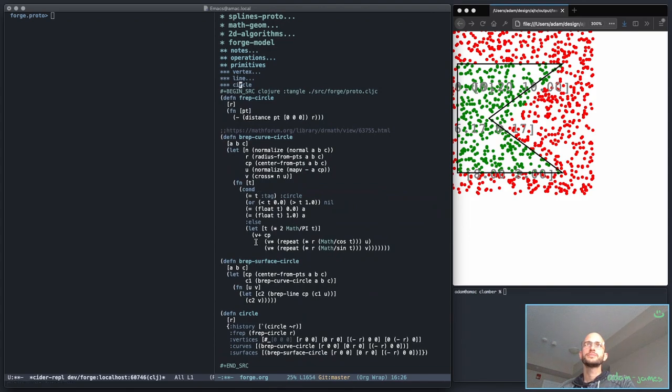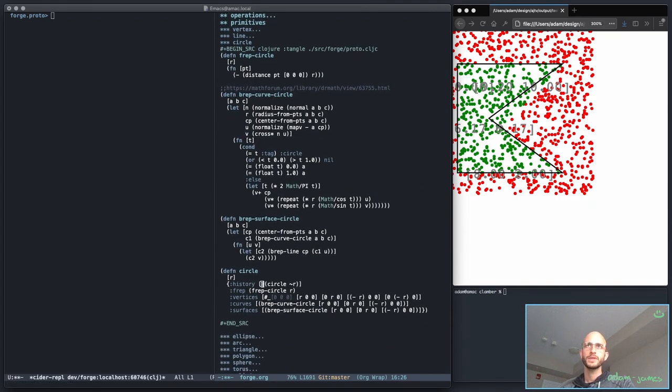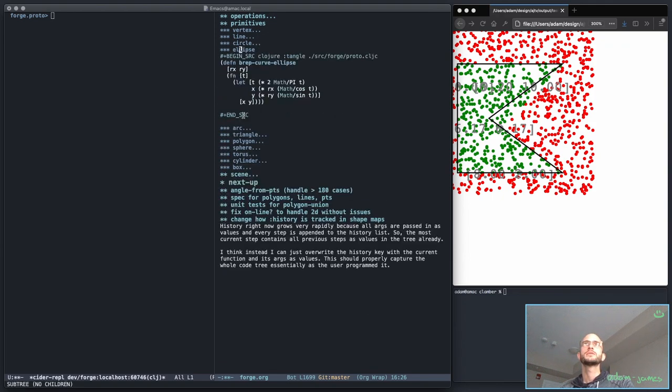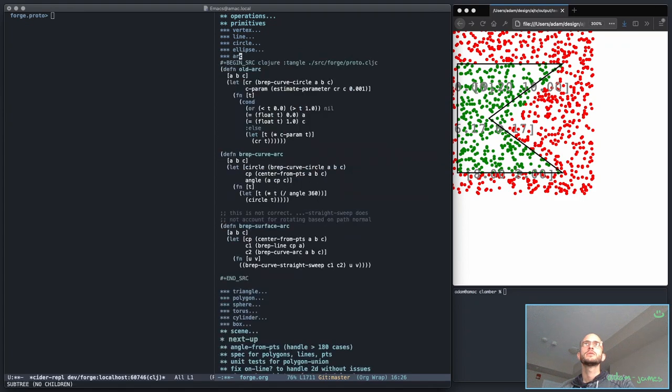Okay, circle here. Yeah, makes sense. Ellipse. Oh man, I have to check for completeness on all these things too. Lots of work to do. Lots of work.